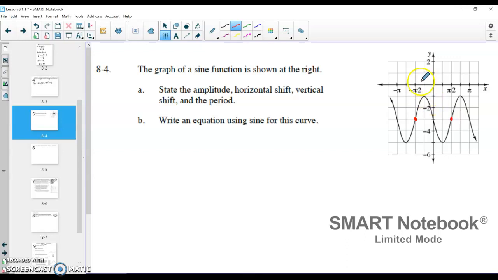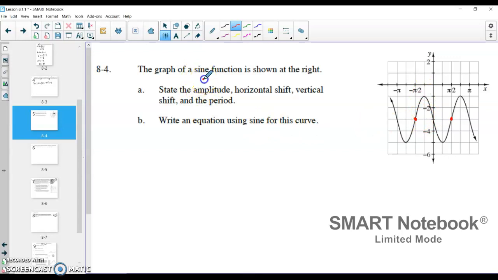I also notice that the function itself has been shifted down 3 units. Usually we would start at the x-axis, and now we're down 3 units from that. It looks like we have been shifted, either way you want to think of it, to the left or to the right, pi over 2 units. And it looks like I have an amplitude of 2.